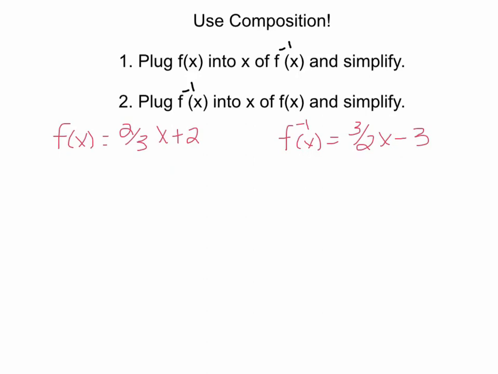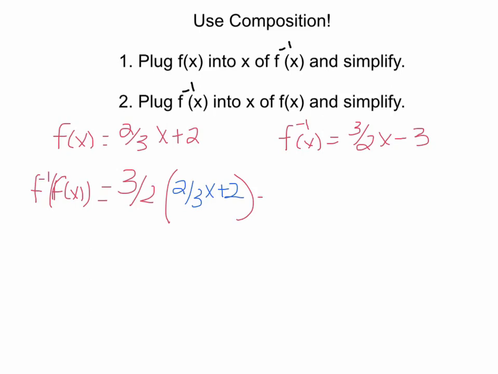So I'm first plugging the original function into the x of the inverse. So that's the inverse with the function inside, because I'm plugging that function into the inverse, which is 3/2, and now I'm plugging this in, 2/3 x plus 2, and then minus 3.